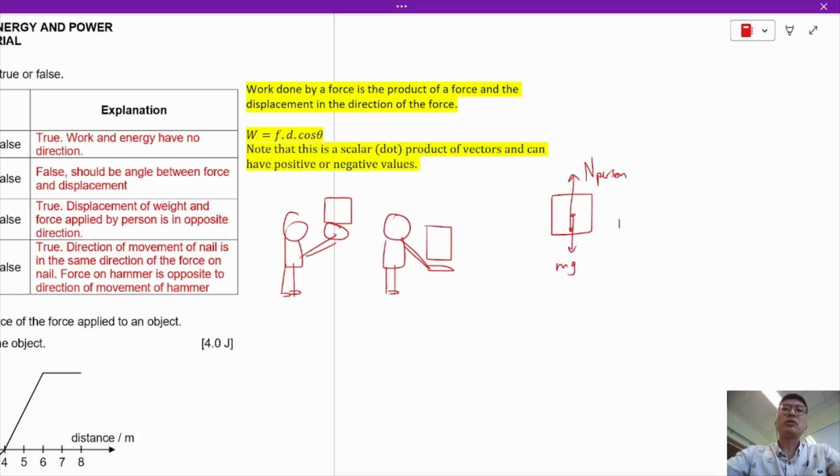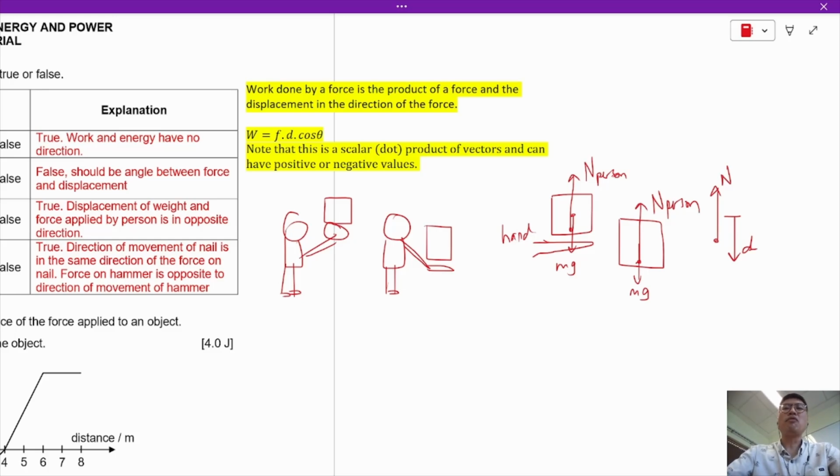Now, then the box moves down. The box moves down because the person's hand is supporting the box. So the normal force by the person is continuing to act upwards, right? So the normal force acts upwards, but the distance moved by the box is downwards.